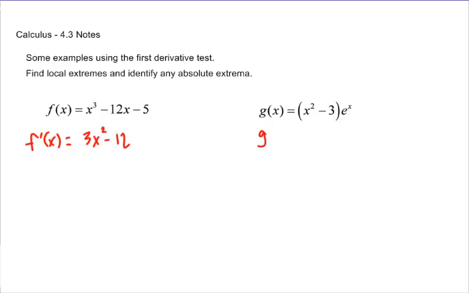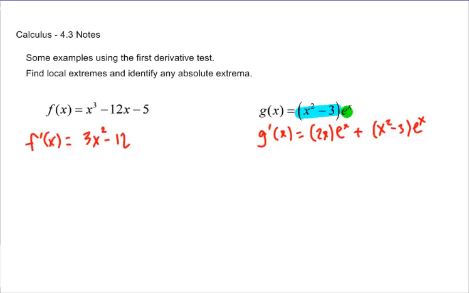And over here, g prime of x is equal to, and then look on this one, we've got u and we've got v, so we've got to use the product rule. And this is going to be the derivative of the first, which would be 2x, times the second, plus the derivative of the second times the first. And guess what? That doesn't change our problem at all.